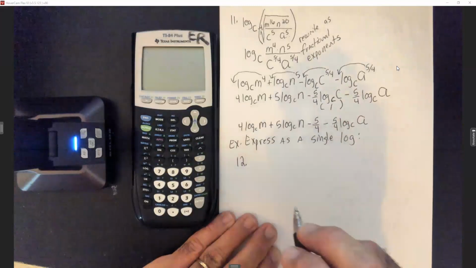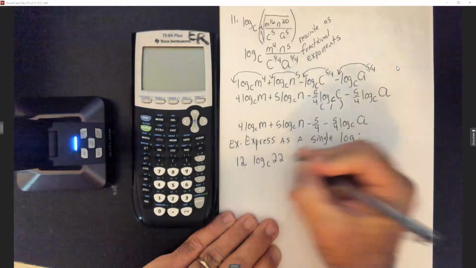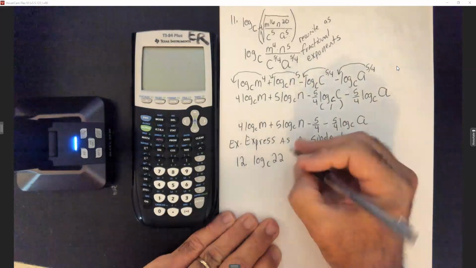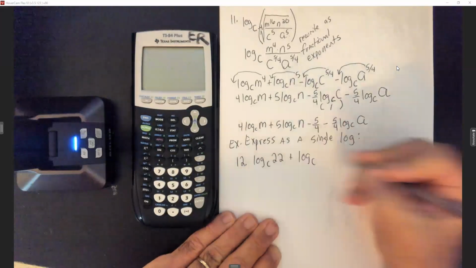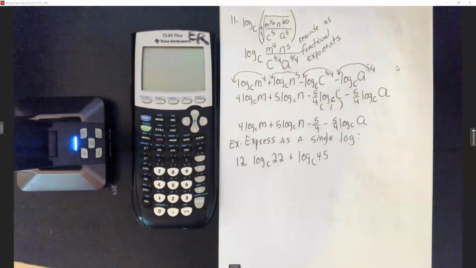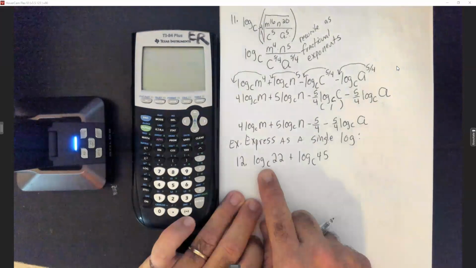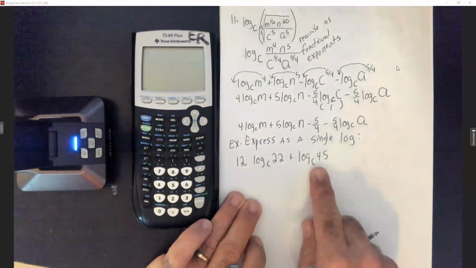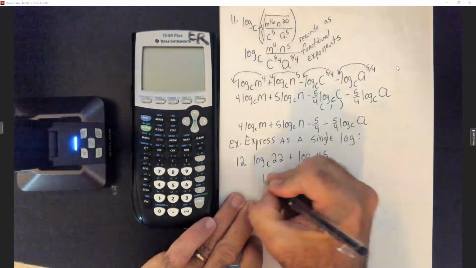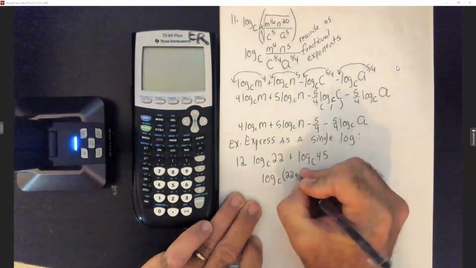I got log C of 22 plus log C of 45. All right, so I know since they're being added, I'm going to write this as a product. So log C, the product would be 22 times 45.